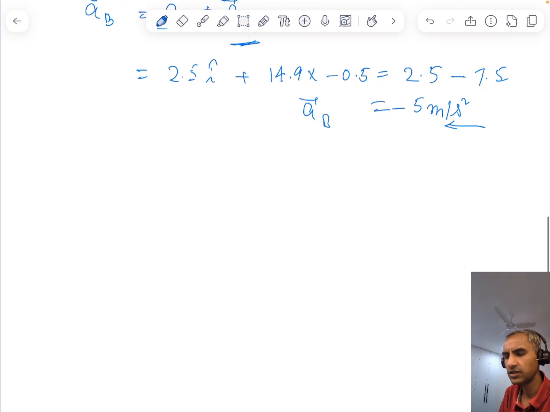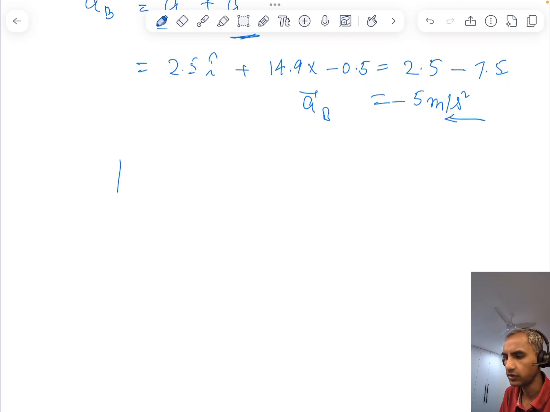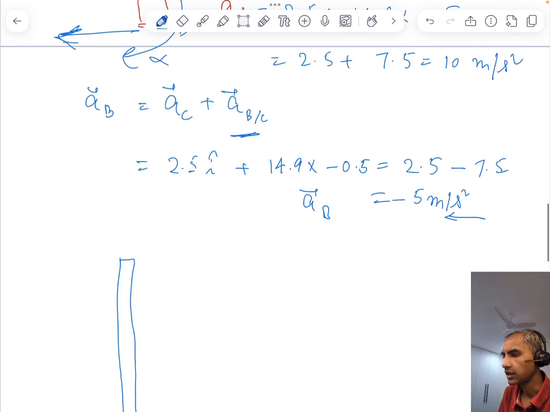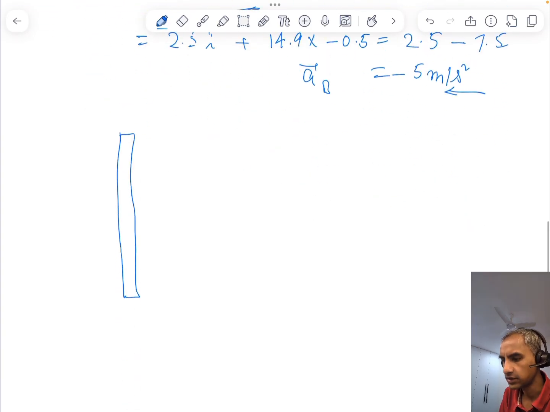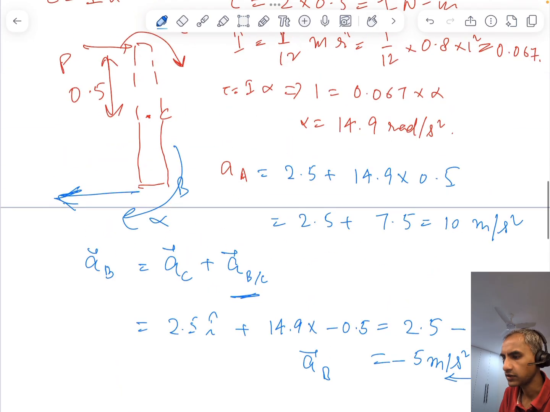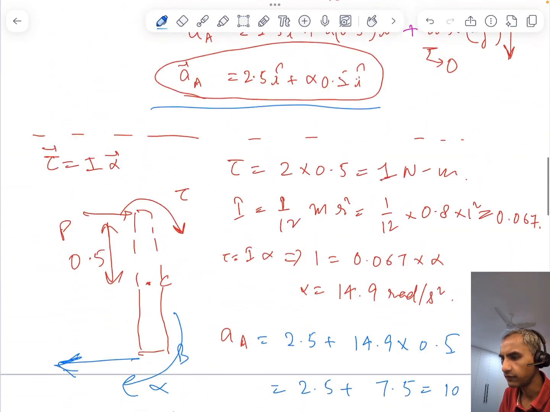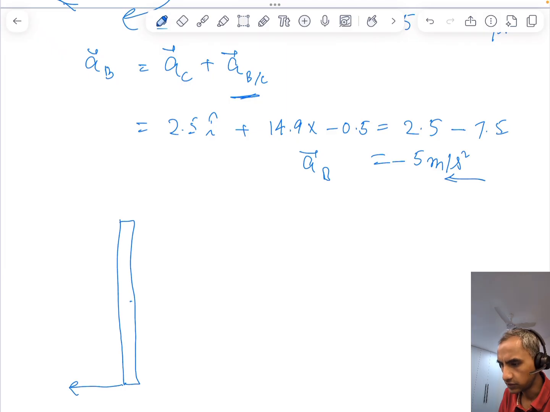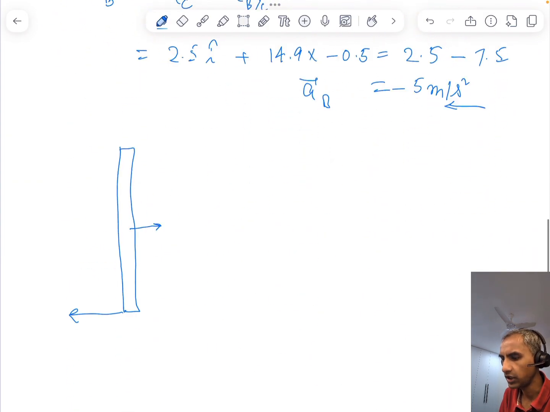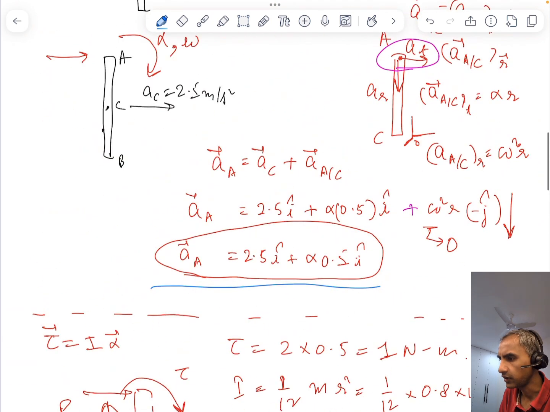Okay, so let's draw out these accelerations. Let's see where that takes us, right? So we have acceleration of point B, that's 5 in this direction. We have acceleration of point C, which is 2.5, nearly half of that. And we have the acceleration of point A, which is 10, right?